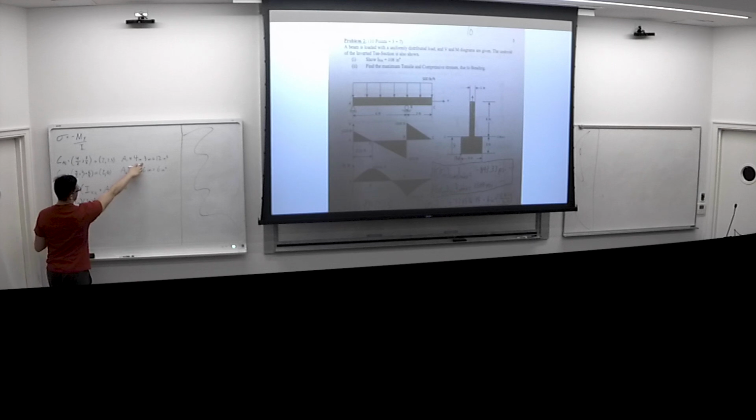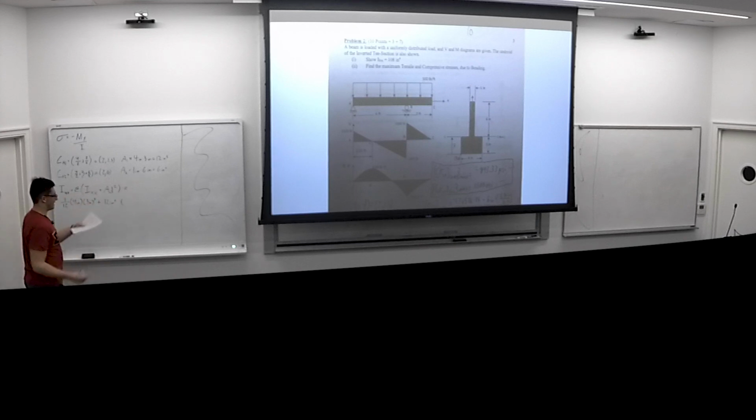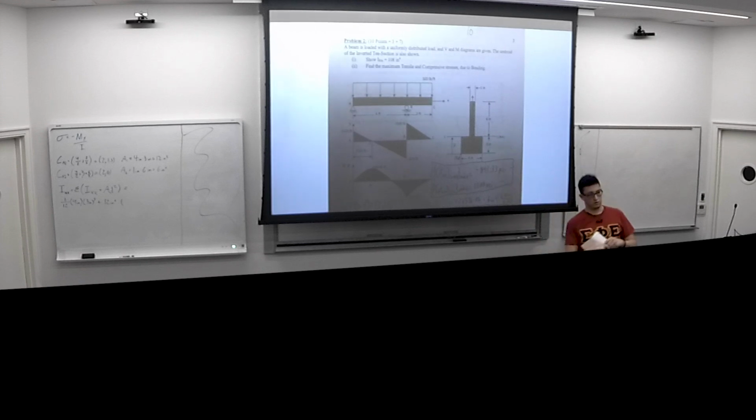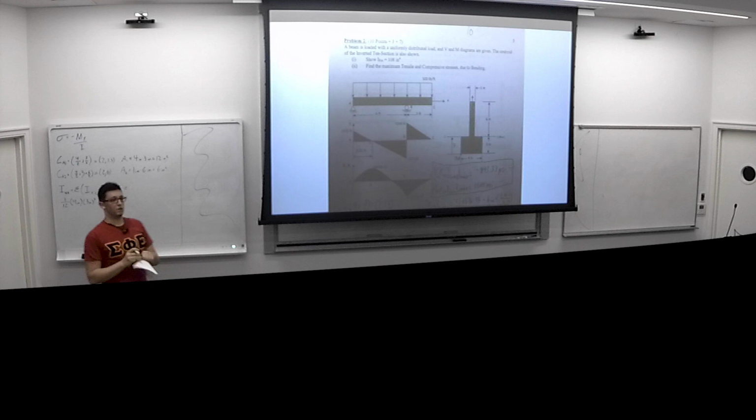The area of the bottom one is 12 inches squared times that distance. That distance is from the centroid of the part we're evaluating, which is down here, to the neutral axis that we want to focus on. So that distance is 1.5 inches. Does everybody see that? Does anybody not? Okay.